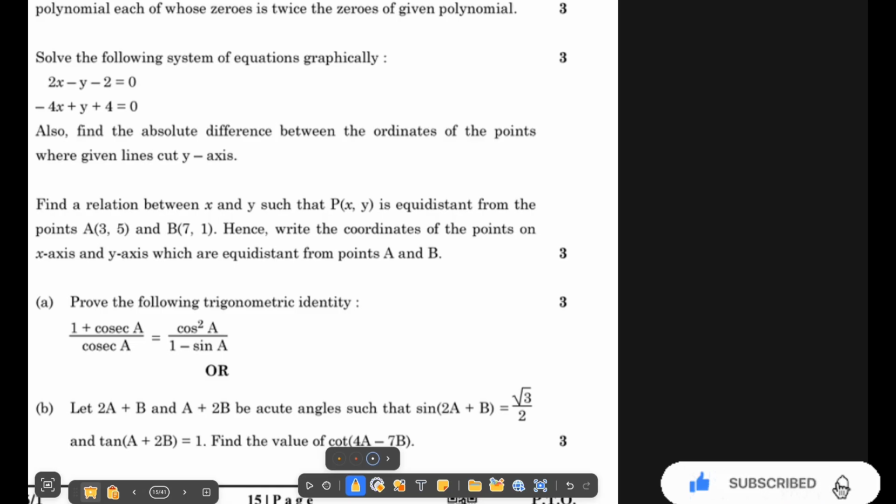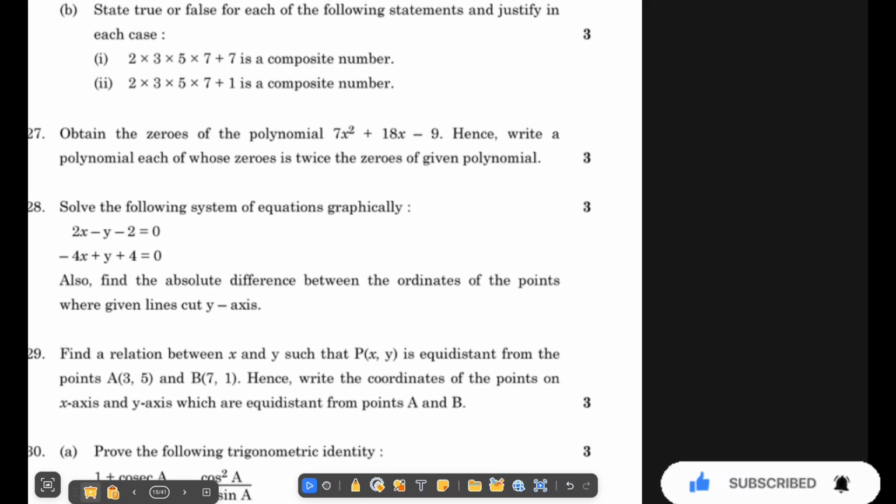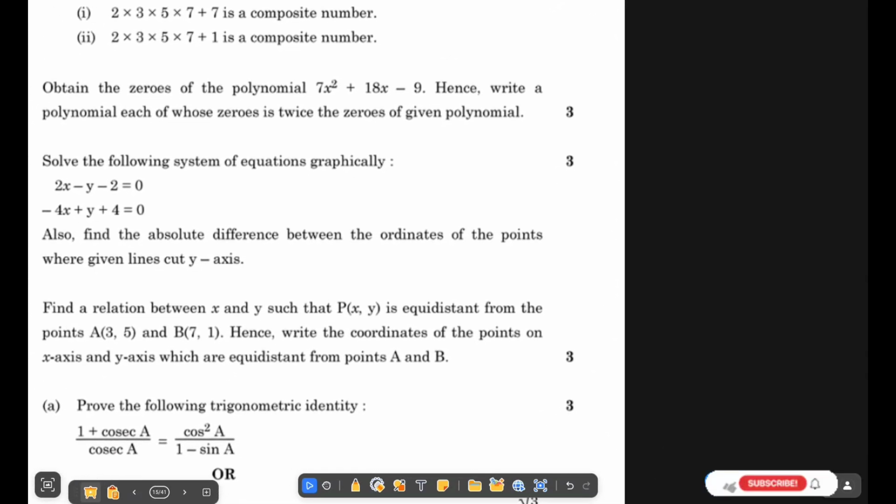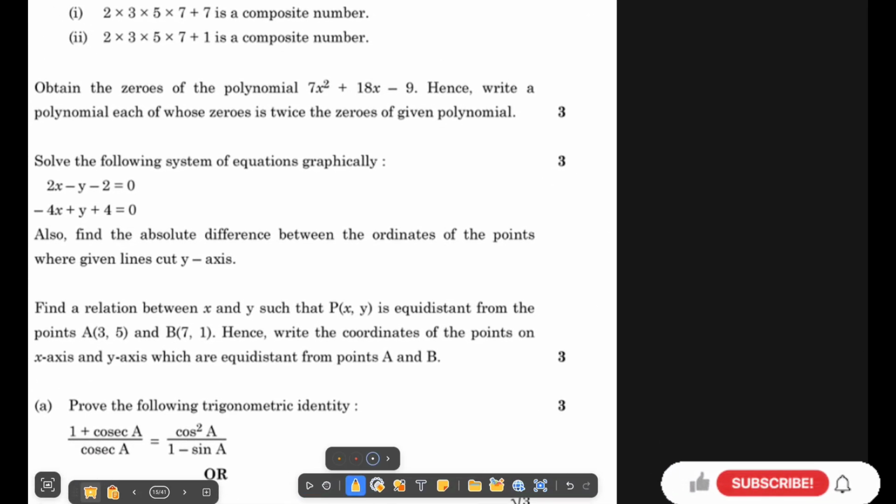The first equation is 2x minus y minus 2 is equal to 0.